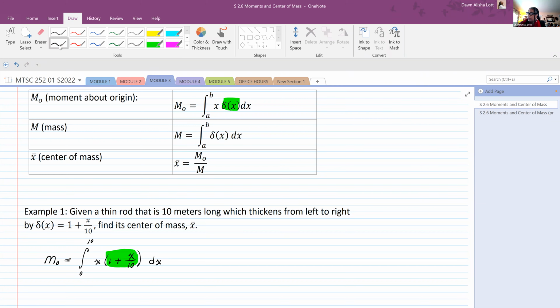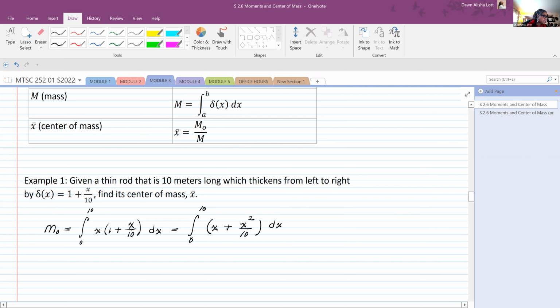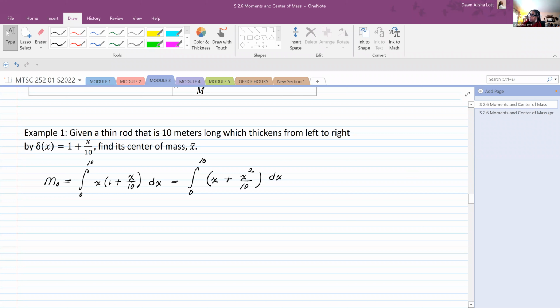So I now need to do this integral. Inside, I'm going to get x plus x squared over 10, and then that's dx. So now we have to integrate this. And when you integrate this, you get 250 over 3.